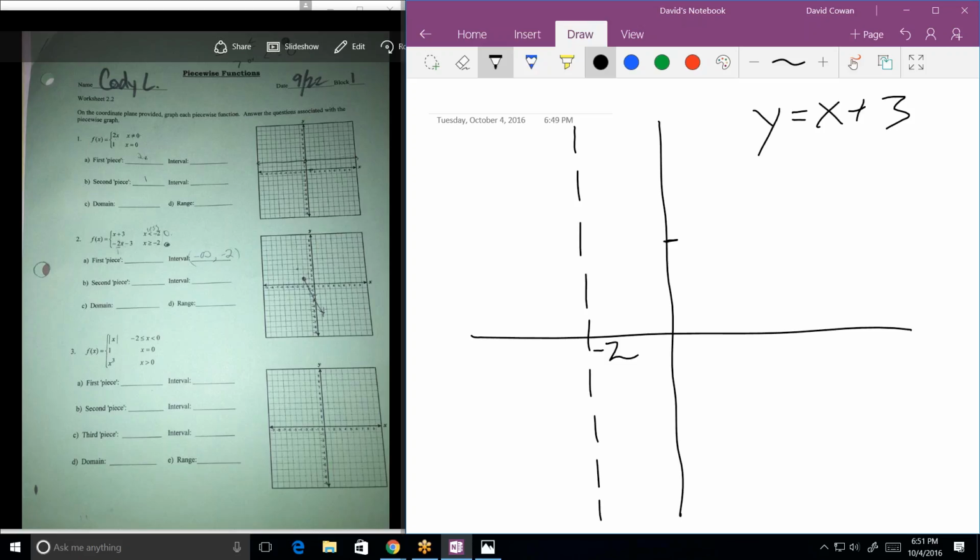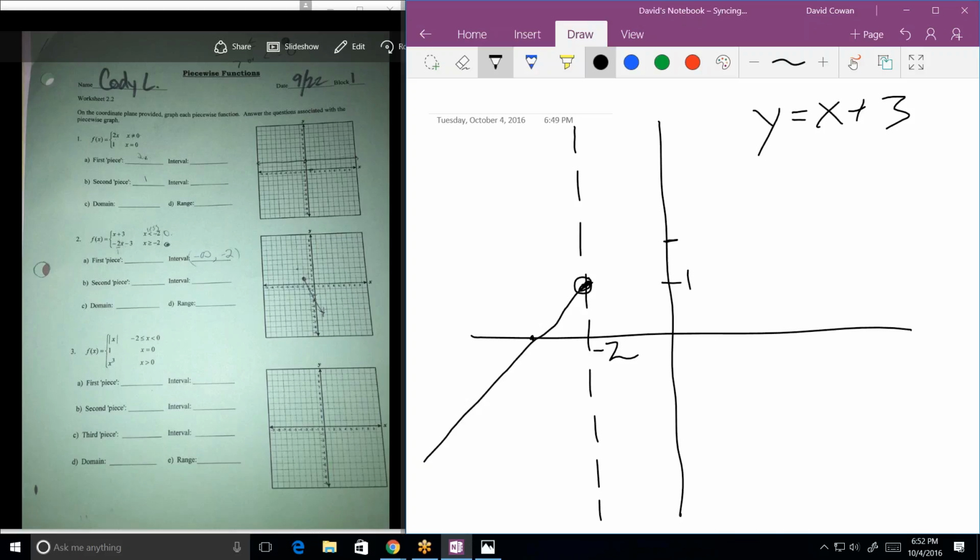Okay, so if this is 1, then that point has to be on my curve, right? Now, how do I draw the rest of the line to the left? Well, I know the slope is 1, so I'm going to go down 1, left 1. Put a point right there, draw the line. Now the last thing to do: is it less than or equal, or less than? Less than. Which means that's an open circle right there.